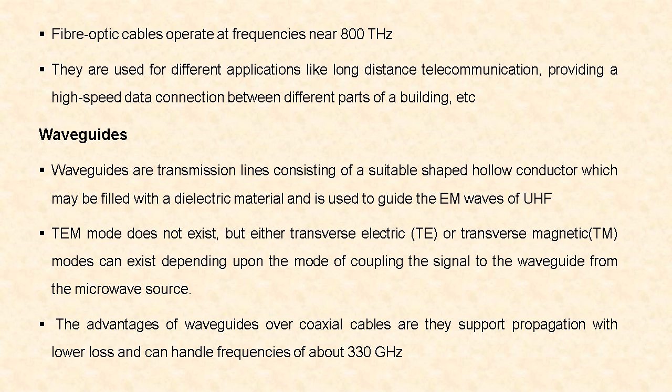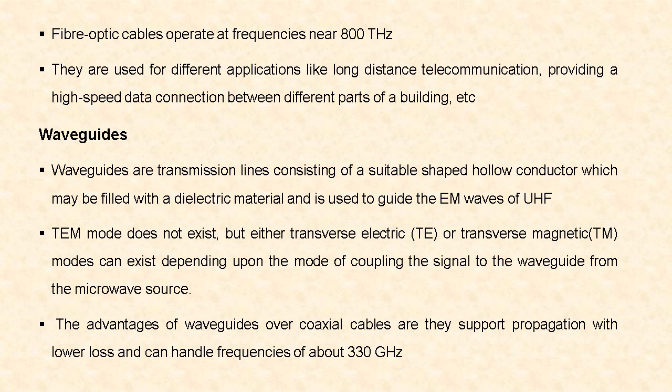Waveguides are also a type of transmission lines, but they have only one conductor which is hollow shaped and filled with dielectric material, and it is used to guide electromagnetic waves of ultra high frequency range.